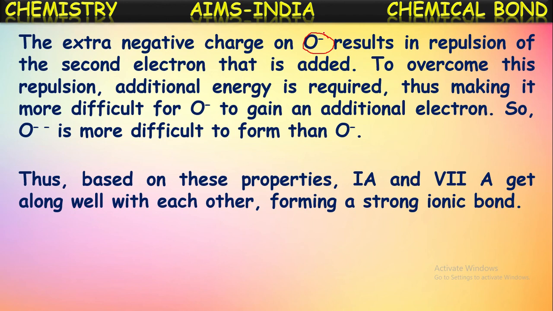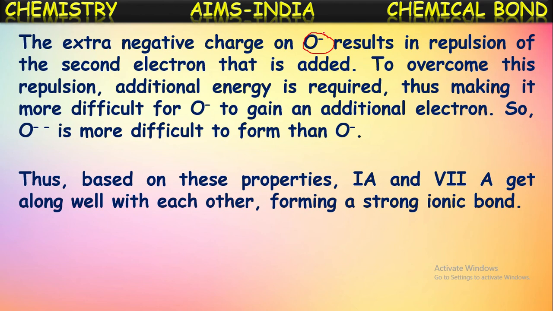Thus, based on these properties, first A group elements and seventh A group elements get along well with each other, forming strong ionic bonds.